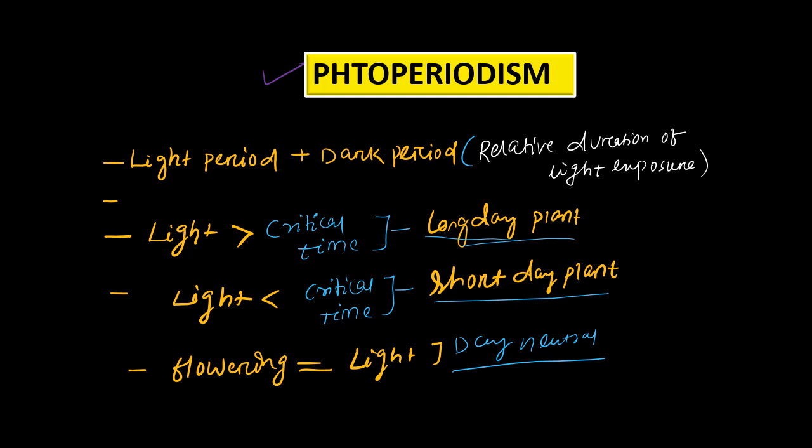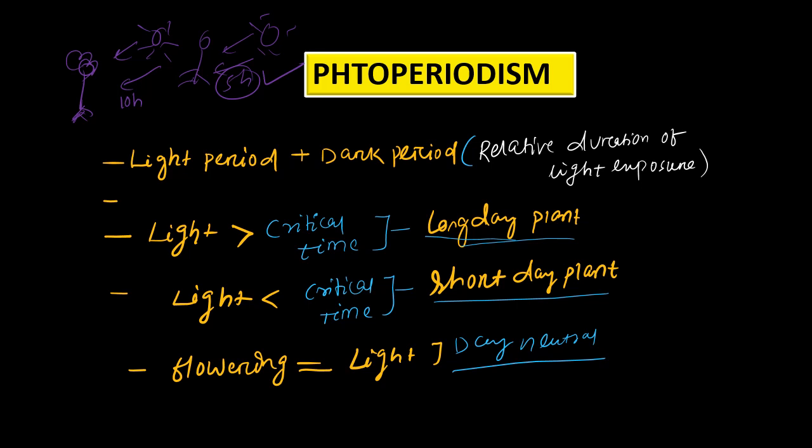We are discussing plants. Let's consider this is a plant with light exposure time of 10 hours, and another plant with exposure time of 5 hours. Assume this time of exposure to light affects flowering in the plant.